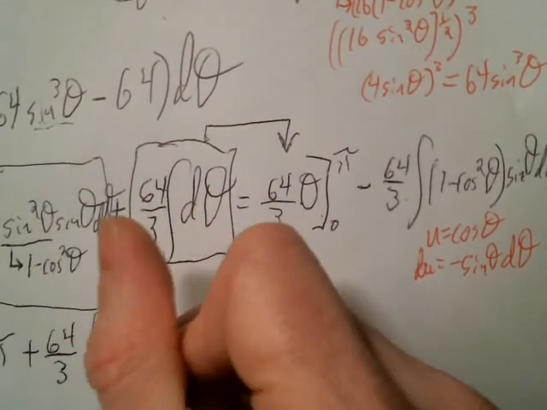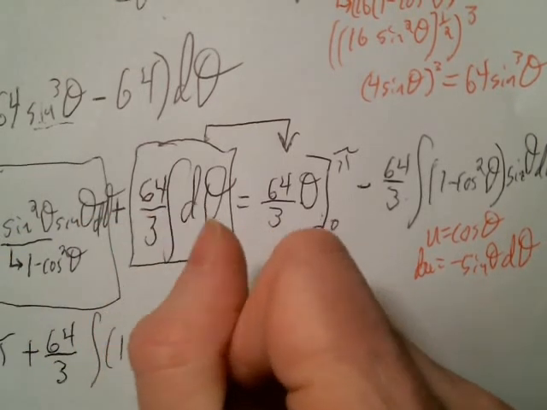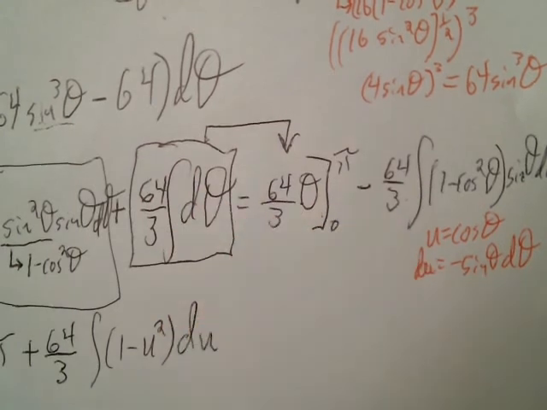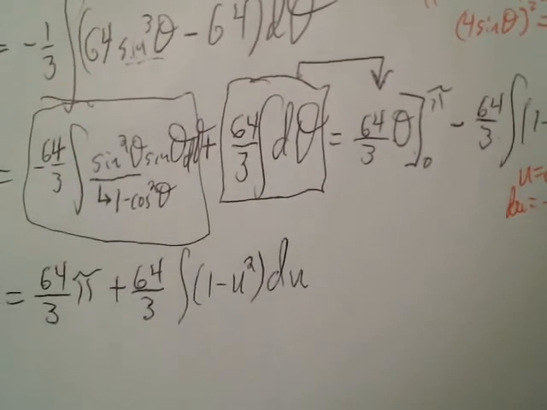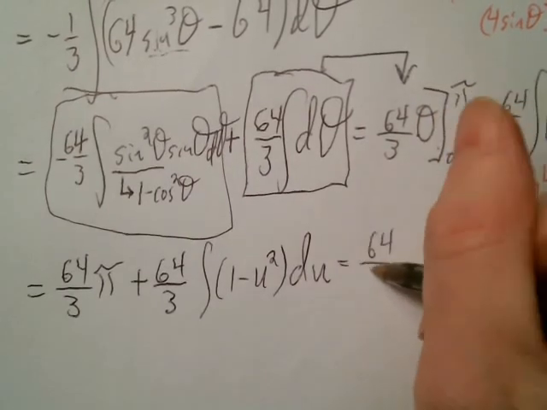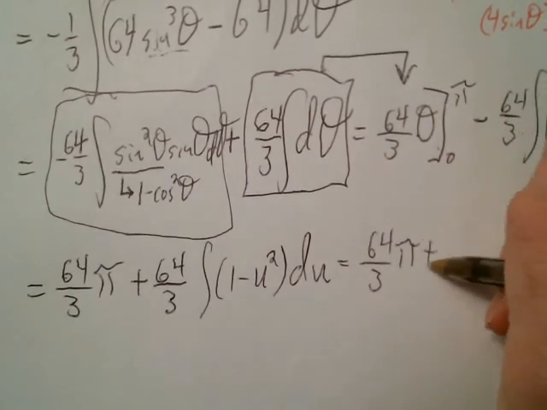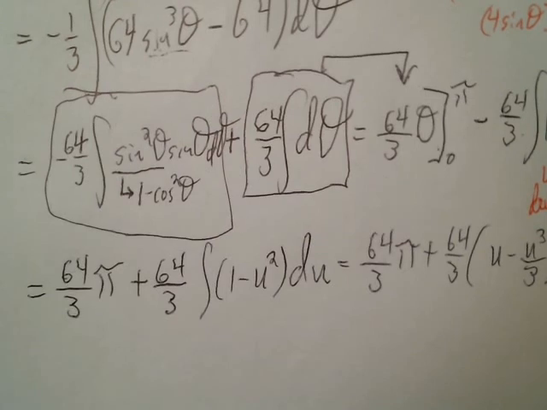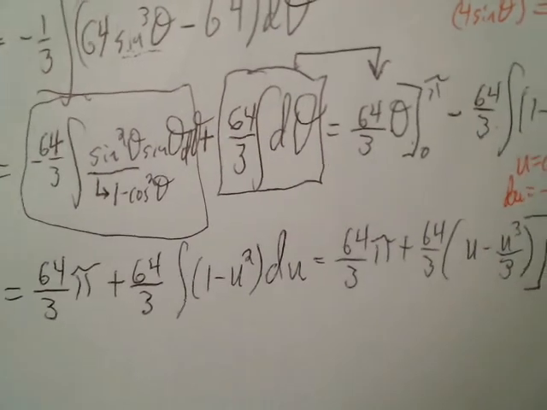And then I have the integral of 1 minus u squared du. And then I can integrate this thing. So this will equal 64 thirds pi plus 64 thirds times u minus u cubed over 3. And remind myself to evaluate.